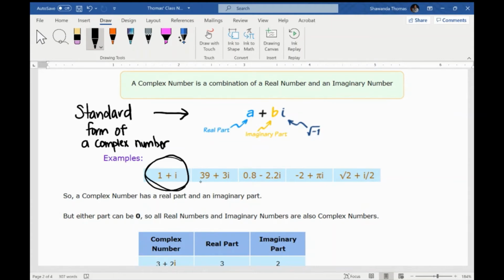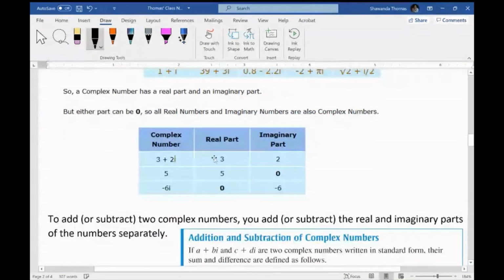If I ask you, what is the imaginary part? It's a trick. It's 1. Yep, it's a 1. Consider there to be a 1 in front of that i. All right, good. So here are some more examples in this little chart over here.